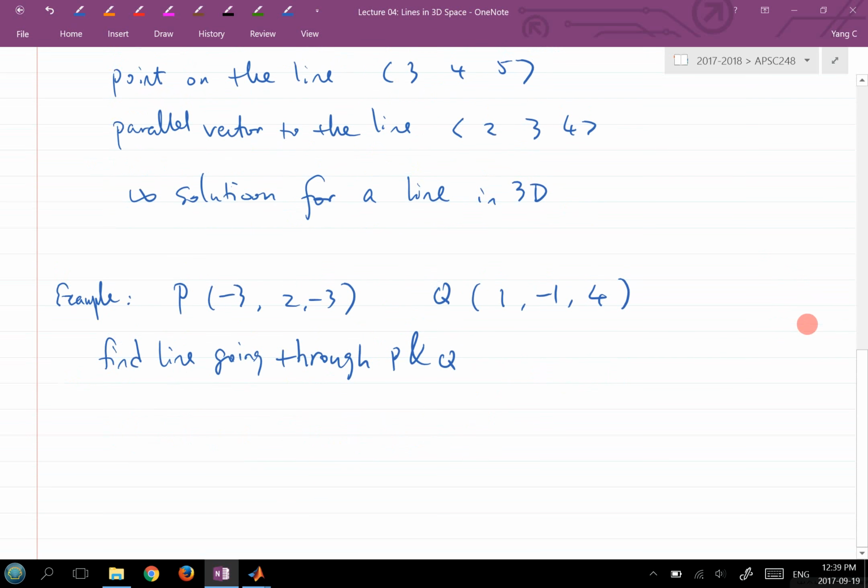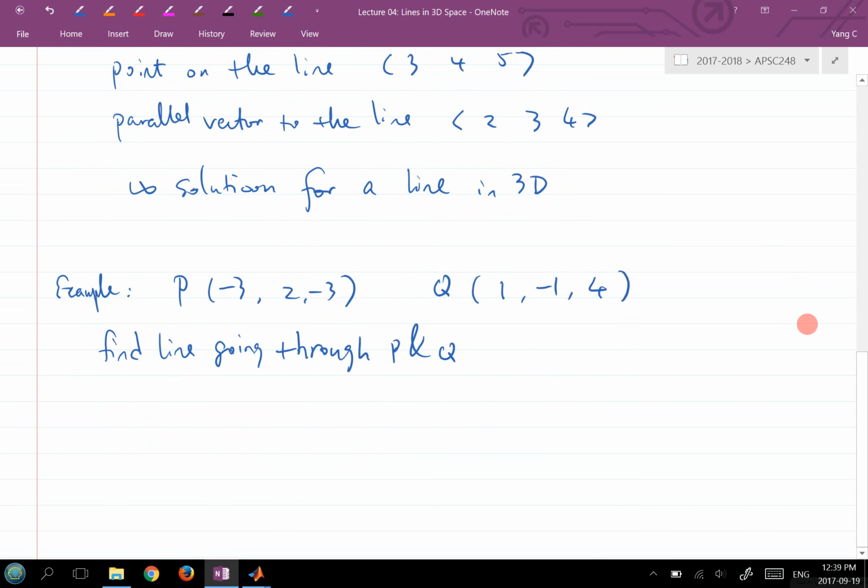The logical procedure is to stick to what I said. If you're required to find the line equation, you have to find a point on the line and a parallel vector. In this case, you already have two points.